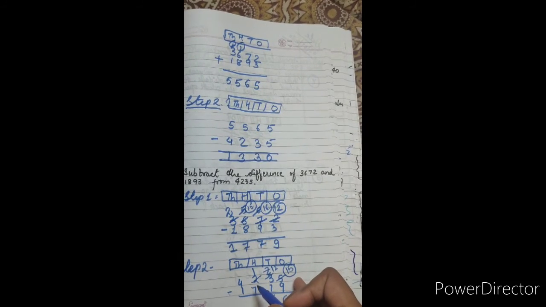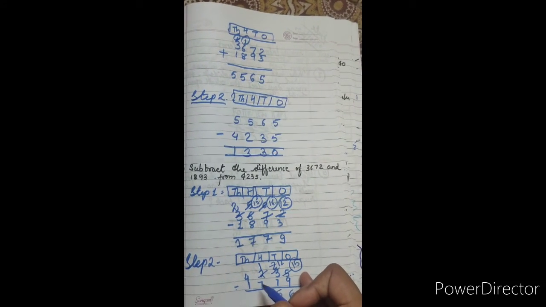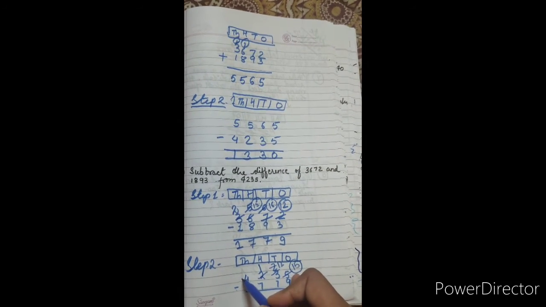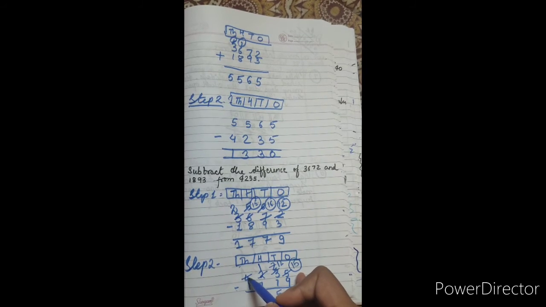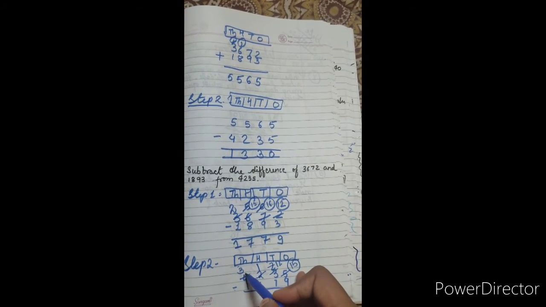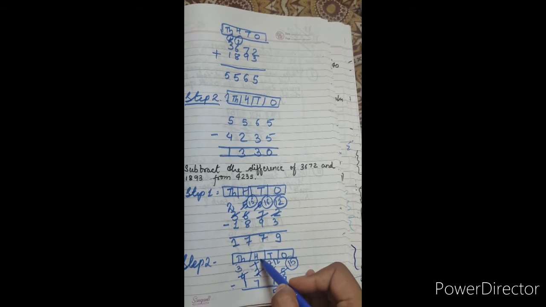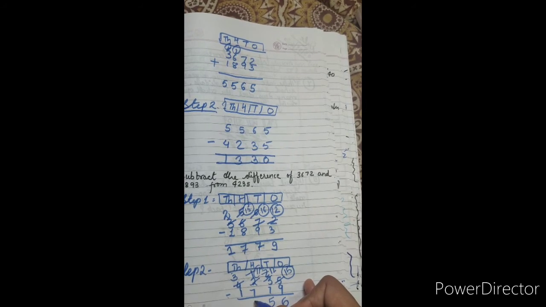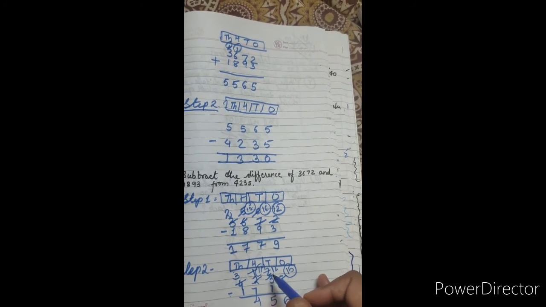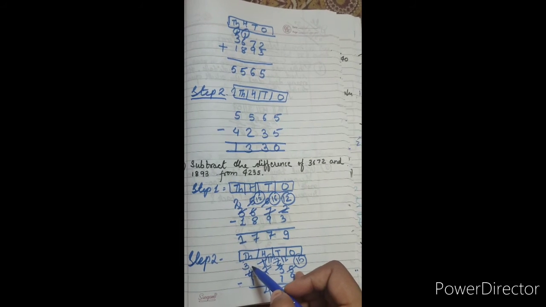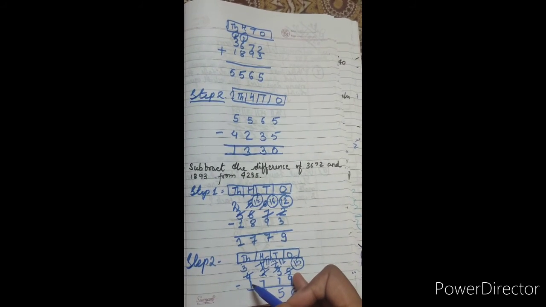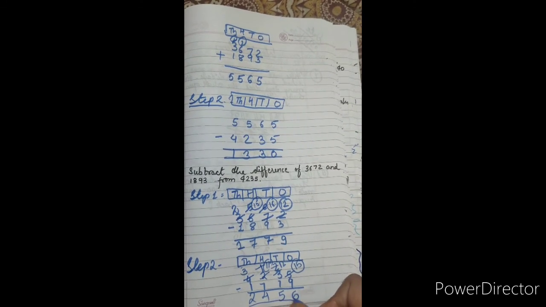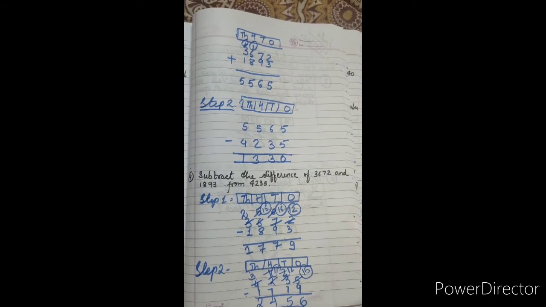Now subtracting 100, we want to subtract 7 from 1. 7 is greater than 1, right? So from the 1000, we borrow 1000 and leave behind 3, and 1000 plus 100 becomes 11 hundreds. So 11 minus 7 is 4. So write 4 under 100 column. Now subtracting 1000, we want to subtract 1 from 3. So 3 minus 1 is 2. So 2456 is the right answer of question number 9.